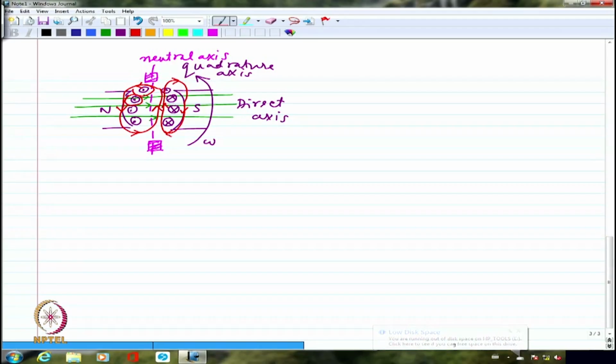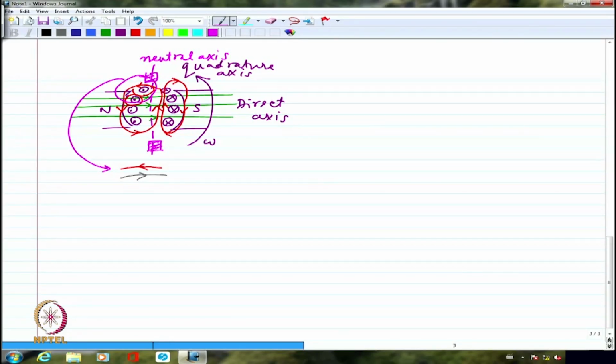So I am having the field lines created by the armature conductors, and if I look at it, for example, the armature field line is like this, and the main field line is somewhere here like this. I am talking about this portion, which I have enlarged, and I am showing it like this.